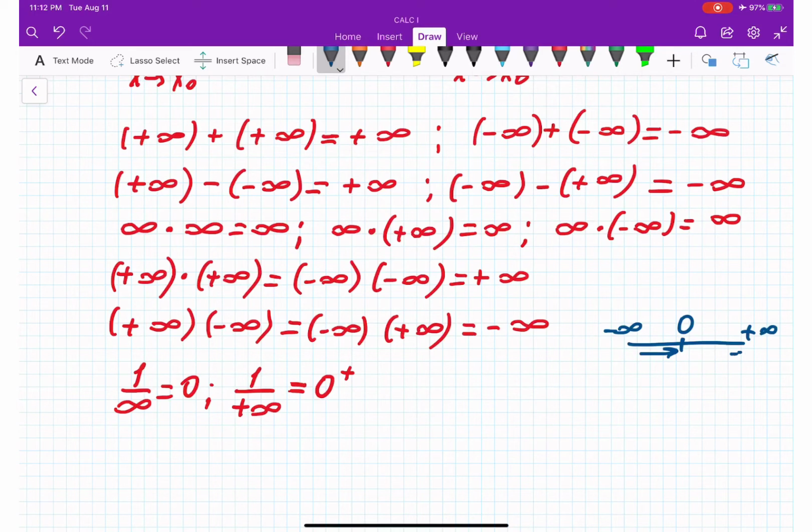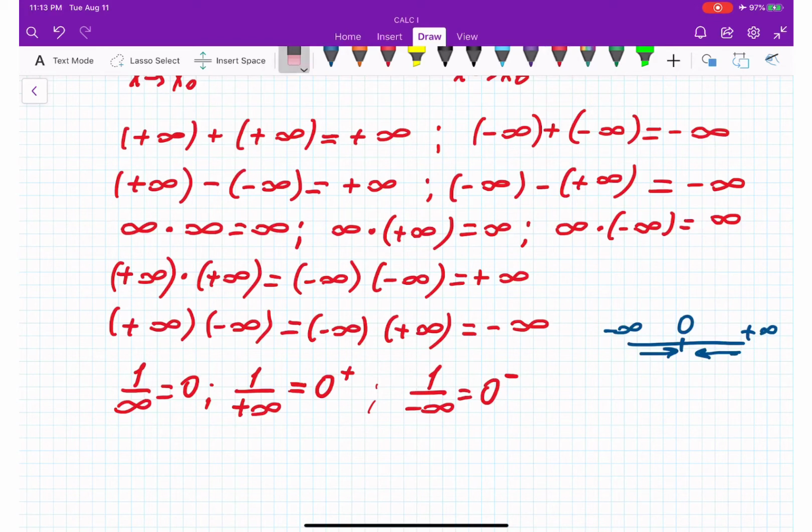You can approach 0 from the positive side or from the negative side. So how do you know from which side we are approaching 0? If it's positive infinity, then 0 is approached from the positive side. If it's 1 over negative infinity, it's going to be 0 approached from the negative side. Okay?